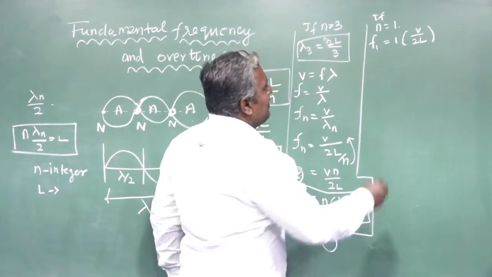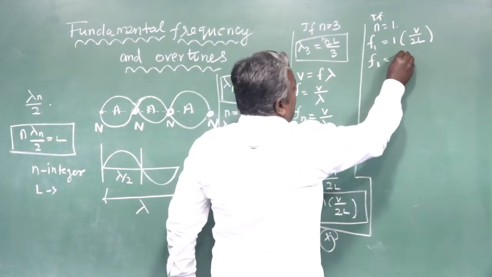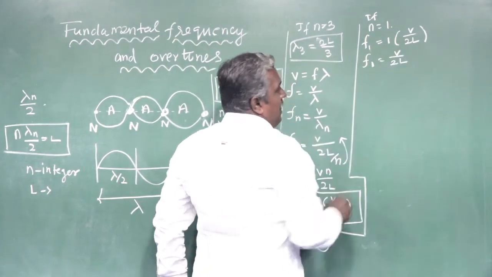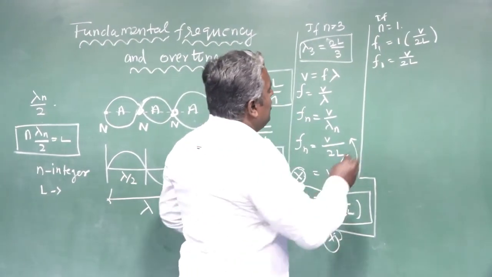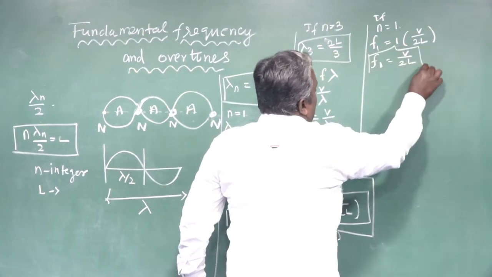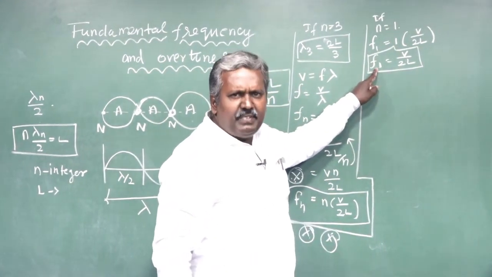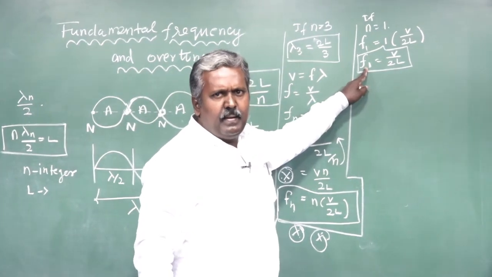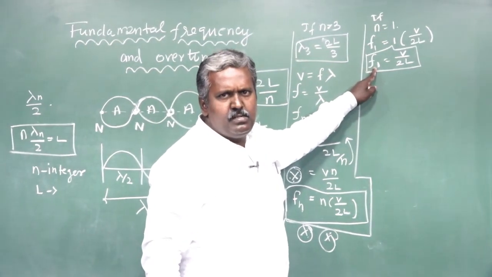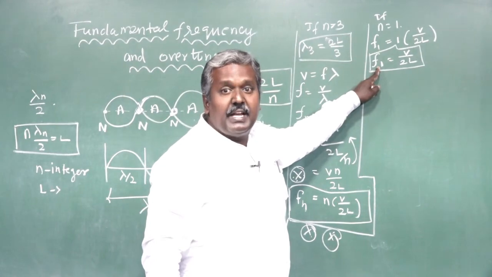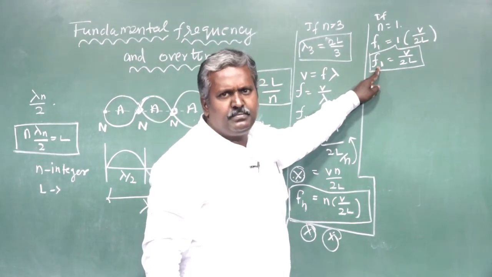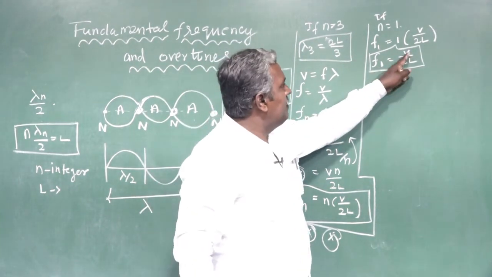That means f1 is equal to v by 2L. This is the value for f1. Here f1 means the fundamental frequency, that means the basic frequency in standing waves on a string. So f1 is equal to v by 2L.